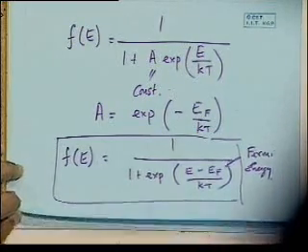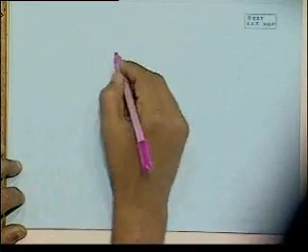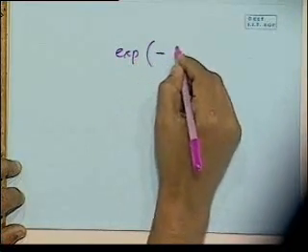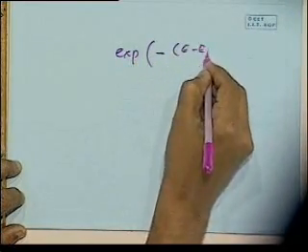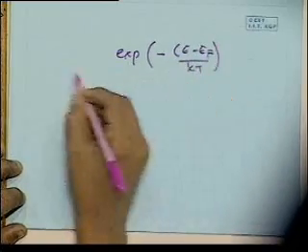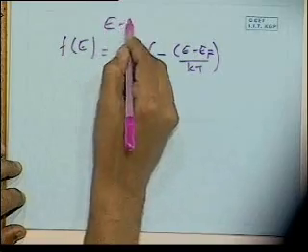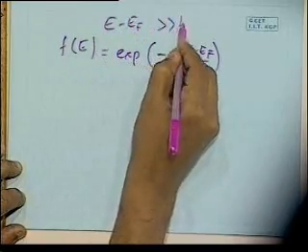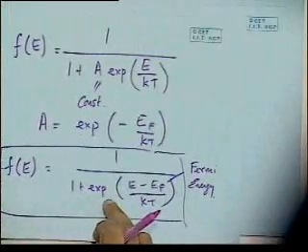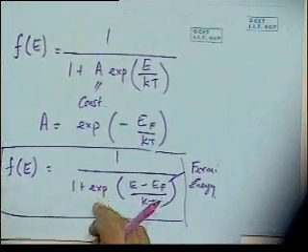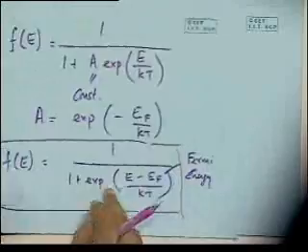So we may approximate this by exponential of minus E minus EF by kT, when E minus EF is much greater than kT, because that was in the denominator, right? And so when it goes up into the numerator, you get the minus term.